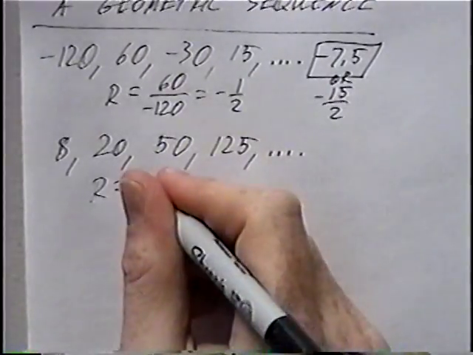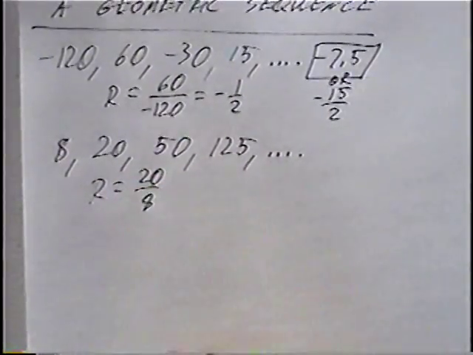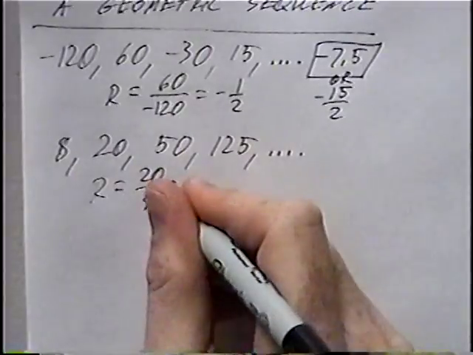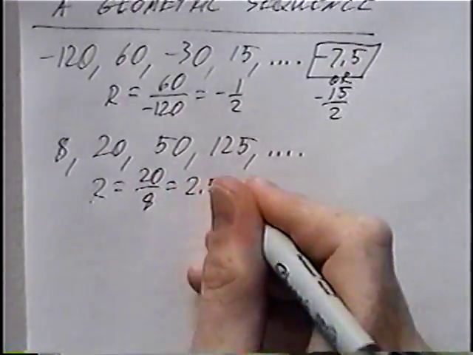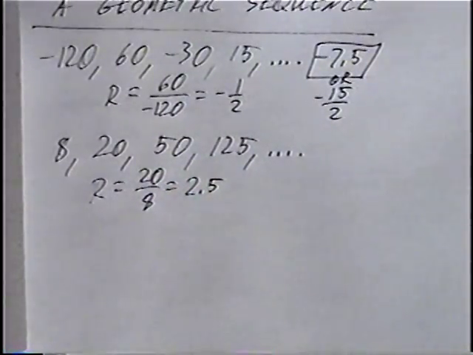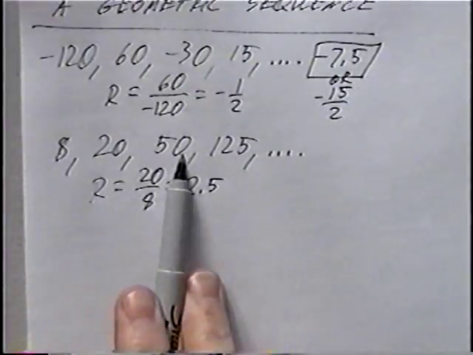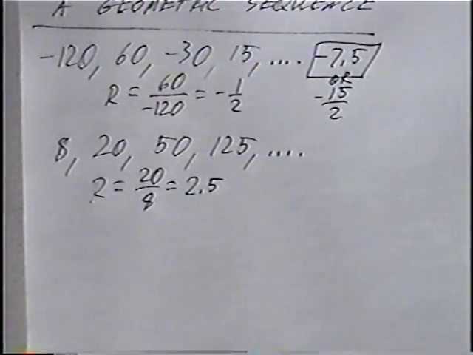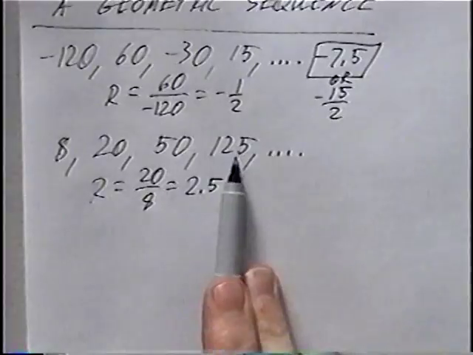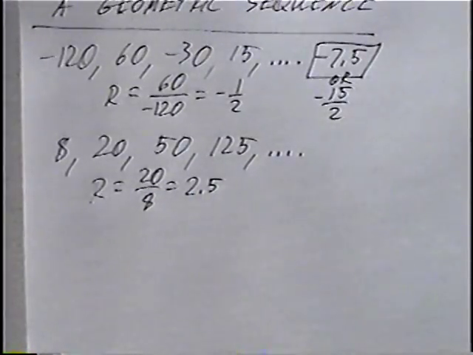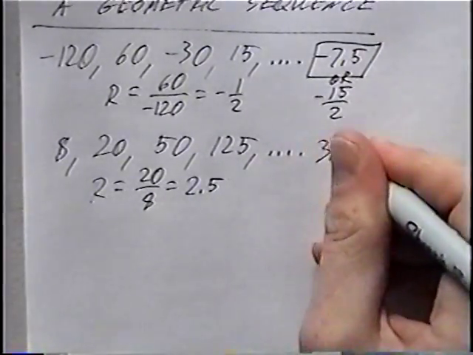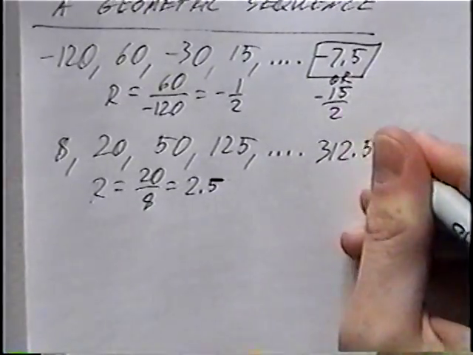Taking the second number and dividing by the first number would be 20 over 8, or changing to a decimal, 2.5. So each number is being multiplied by 2.5. So our next term would be 125 times 2.5, which would be 312.5.